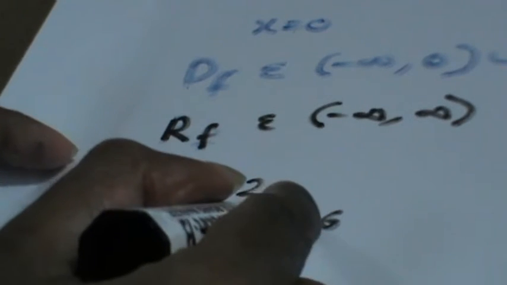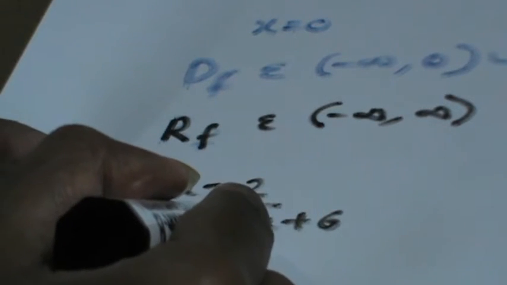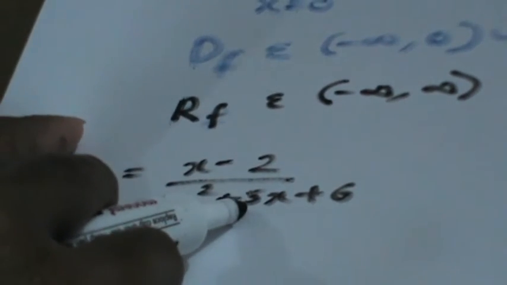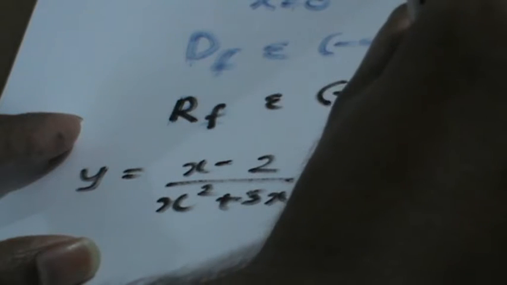So if you have been given a function like this, say y equals x minus 2 over x squared plus 5x plus 6, you want to know when x squared plus 5x plus 6 is 0. The best thing to do here is to factorize. So this is equal to x minus 2 divided by x plus 2 times x plus 3.